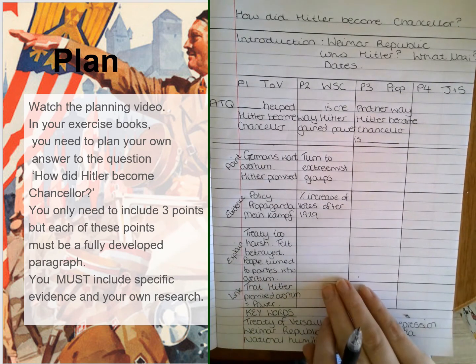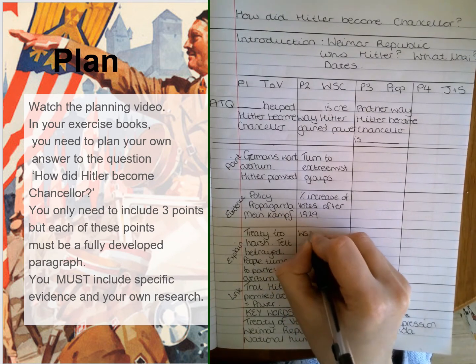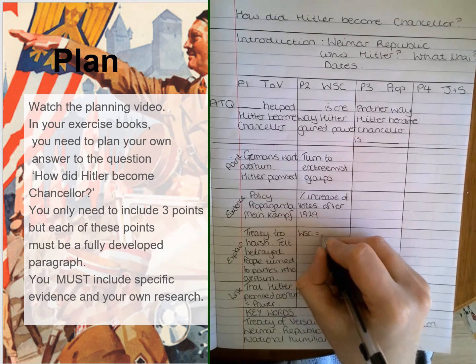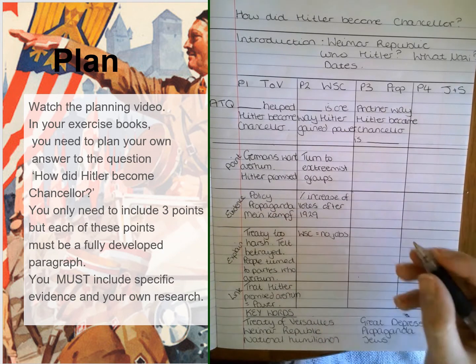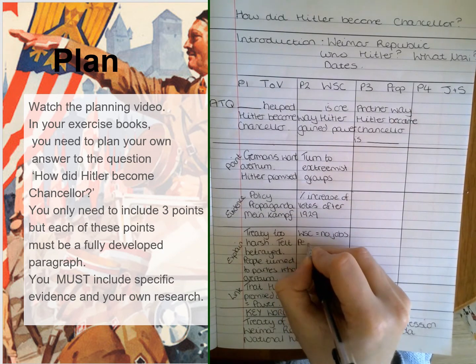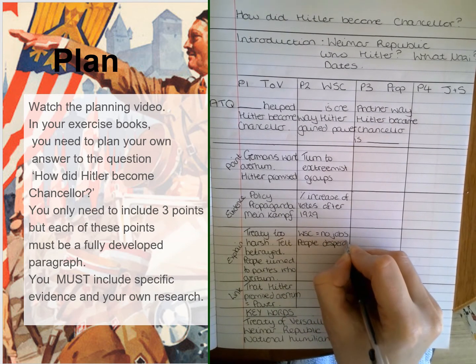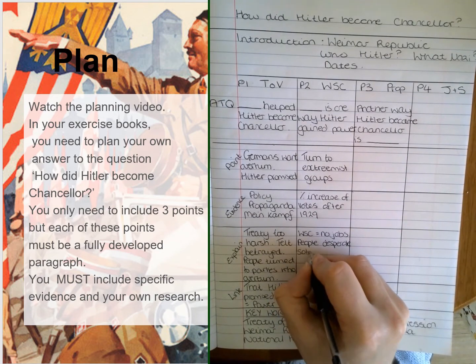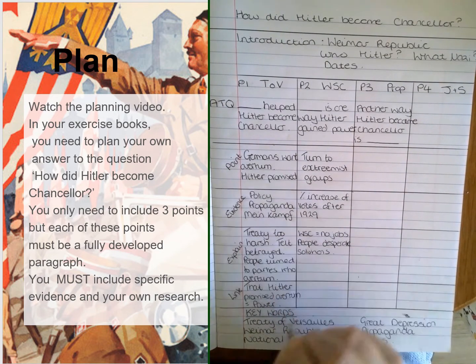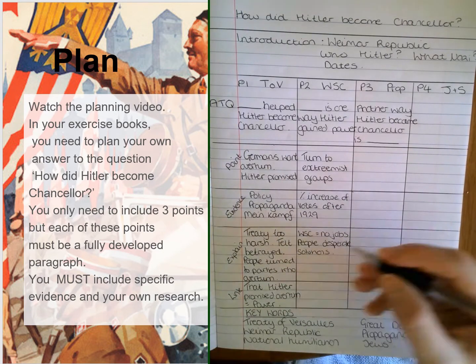Now, what is my explanation? Well, my explanation is that the Wall Street crash led to unemployment, so no jobs. People became desperate. So they wanted solutions and turned to extremist groups which promised to make things better.